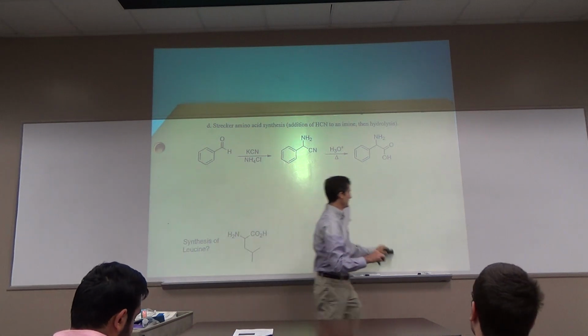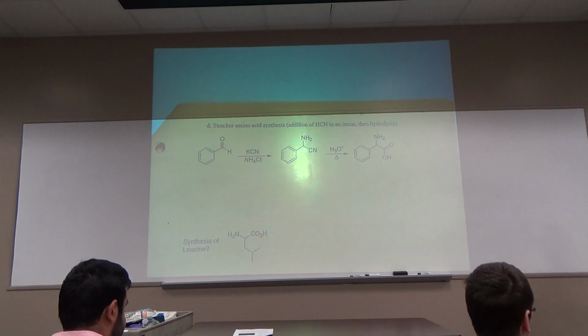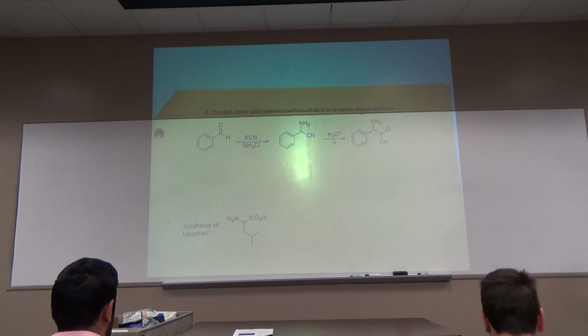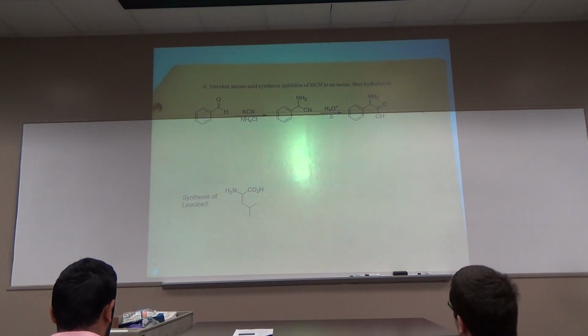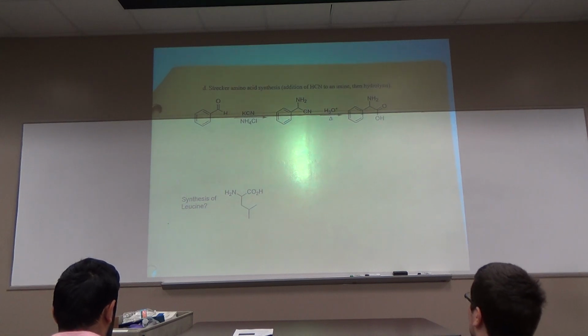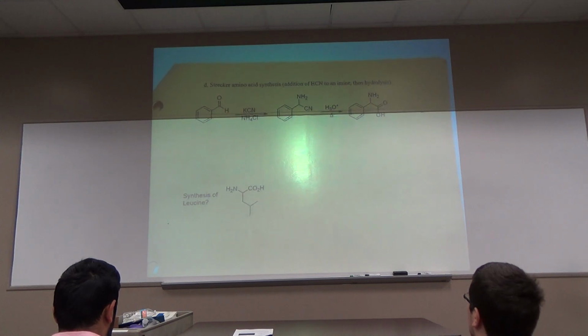Not that common. For practice, you can give a synthesis of leucine, and we'll look at that a little bit later, using the Strecker amino acid synthesis.